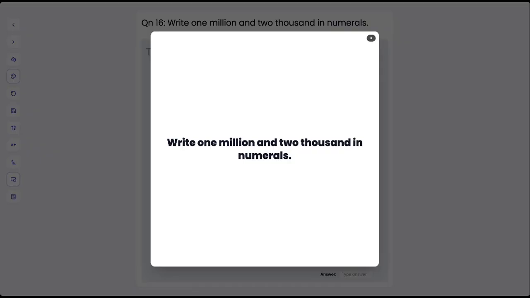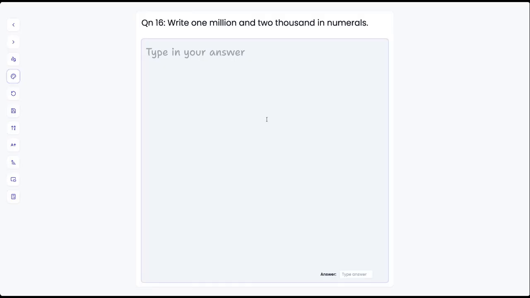All right, question 16. Write 1,002,000 in numerals. Okay, so 1,000,000 is 1 followed by 6 zeros.